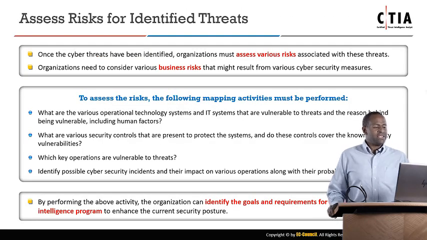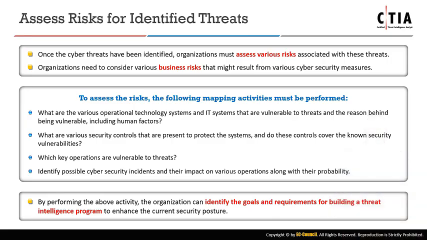All right, now we look at assessing risks for identified threats. So once you have an identified threat, you have to assess what are the risks associated with those threats. And so you need to consider what business risks might result from whatever measures that you take.